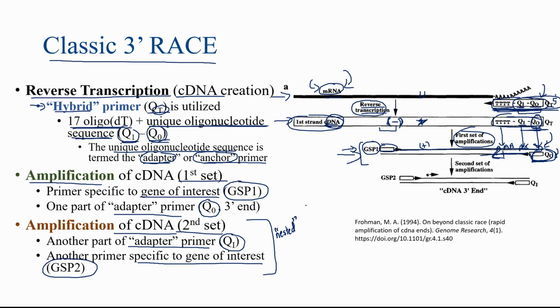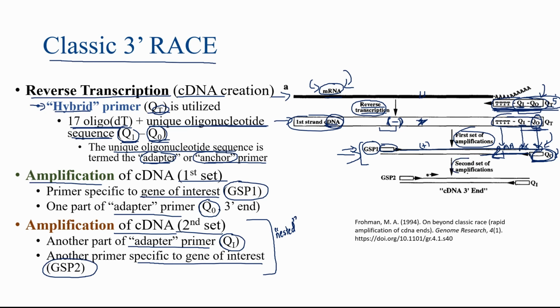And by nested primers, we mean that these are primers that are going to be more internal to our amplified cDNA products, such that the amplification minimizes non-specific amplified products. And so our amplification of the cDNA is going to get more specific, more internal to the parts of the cDNA relating to the messenger RNA that we care about.